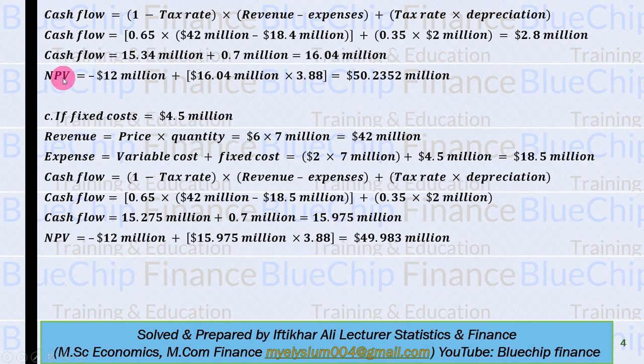Once again we apply the NPV formula: minus 12 million is your initial cash outlay, plus cash inflow of 15.975 multiplied by the PVIFA factor at 14% and 6 periods, and your result is 49.983. So that was part C of the question.